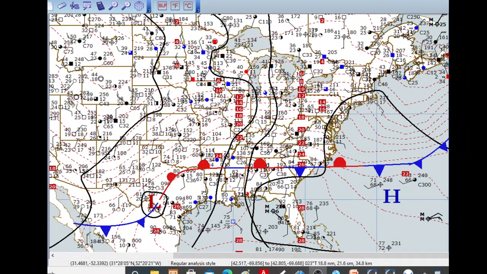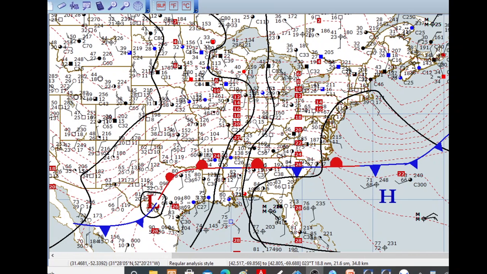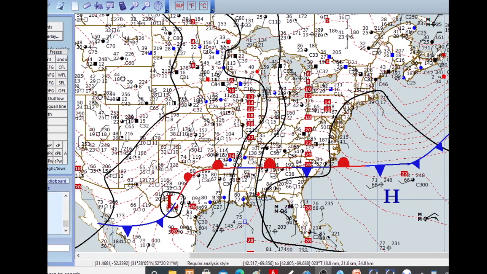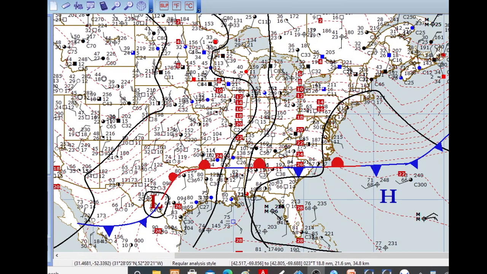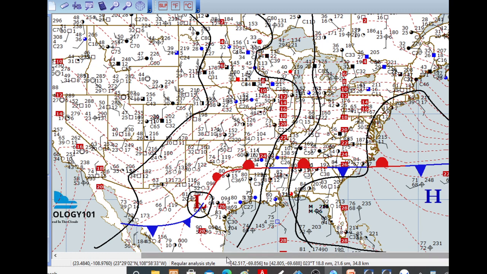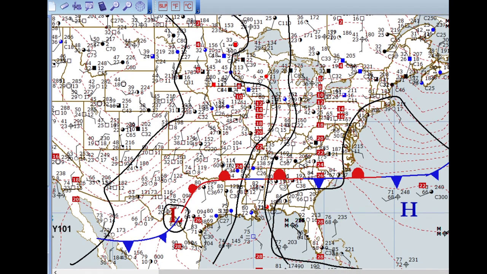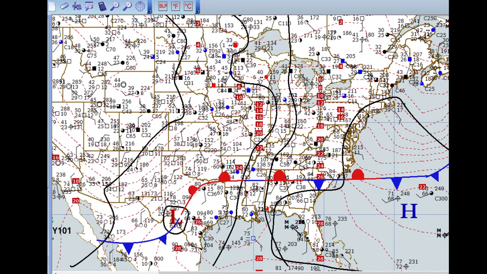Let me throw my display up here. What's our display there? What do we got? Okay, so we got the display here. Let's see. Stretch this out a little bit.